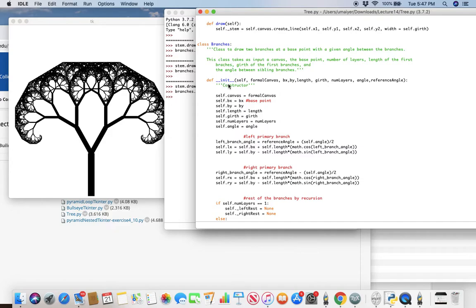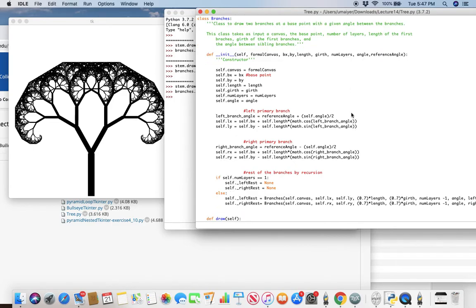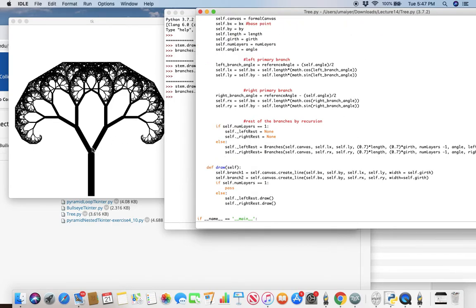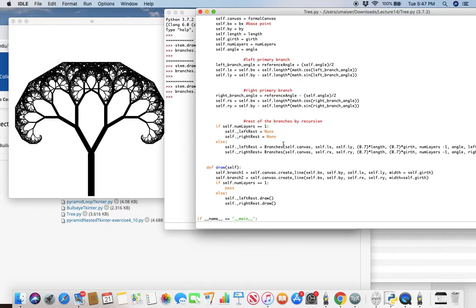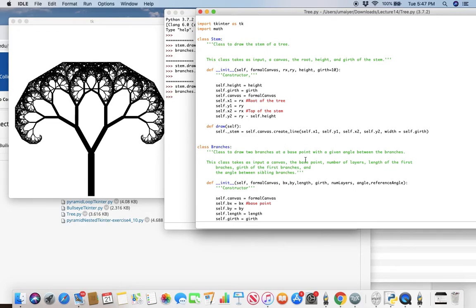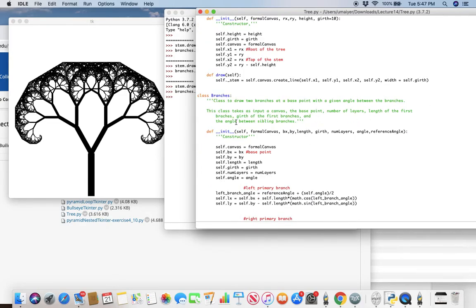How do we, so you saw what all these things meant. Angle and reference angle. What is angle and what is the reference angle? Angle is the amount of angle it takes away. Okay, it must say maybe here. Right. Angle between sibling branches.